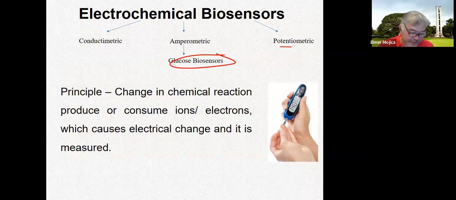Okay, so if you're going to look at the principle of these electrochemical biosensors, you could say that it's based on the change in a chemical reaction that produces or consumes ions or electrons. So there are many chemical reactions that produce or consume ions or electrons, causing a change in the electrical properties of the solution that can be sensed or measured.